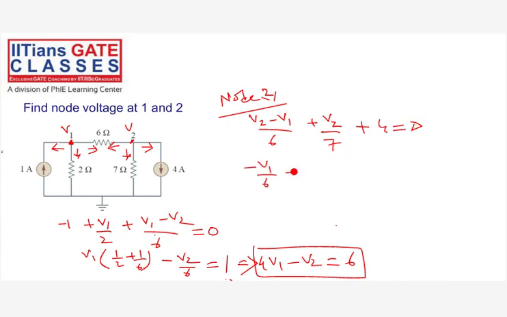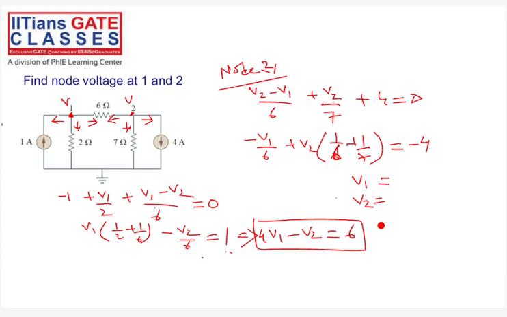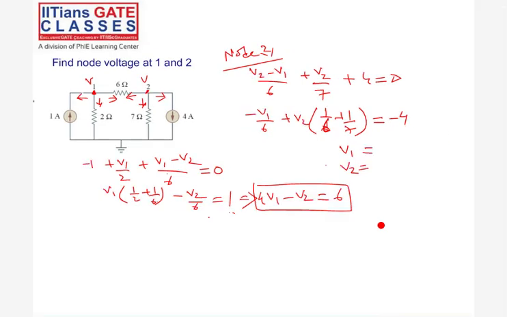V1 is... no, V1 is -2, V2 is -14. -2 and -14. So these are the two equations. You need to solve this.